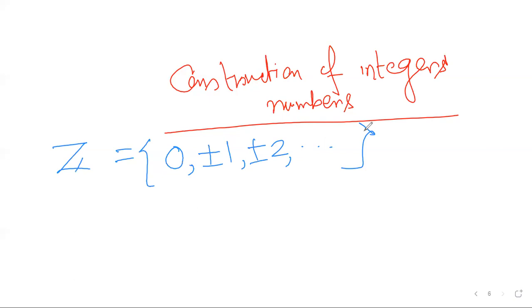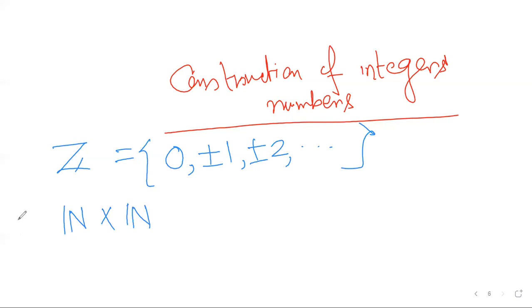Okay, let's start how to construct that. We have a set already constructed, my natural numbers. So now we take the natural numbers Cartesian product with the natural numbers.